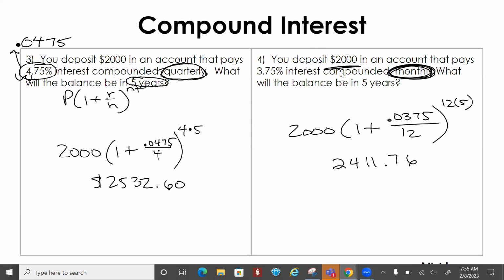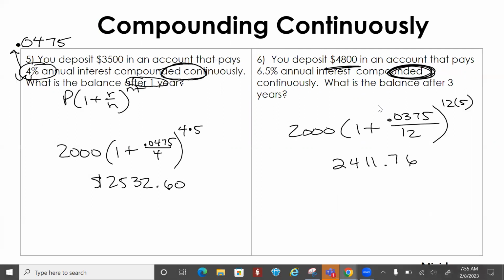If it's frequently compounded, that's a good thing. So this one has a lower interest rate, but it's compounded more. This one has a higher interest rate, but this is compounded only 4 times a year. So you really have to pay attention to your bank and what they're saying and what their interest is, and compare banks. Don't just put your money wherever. Okay, that's my little spiel.